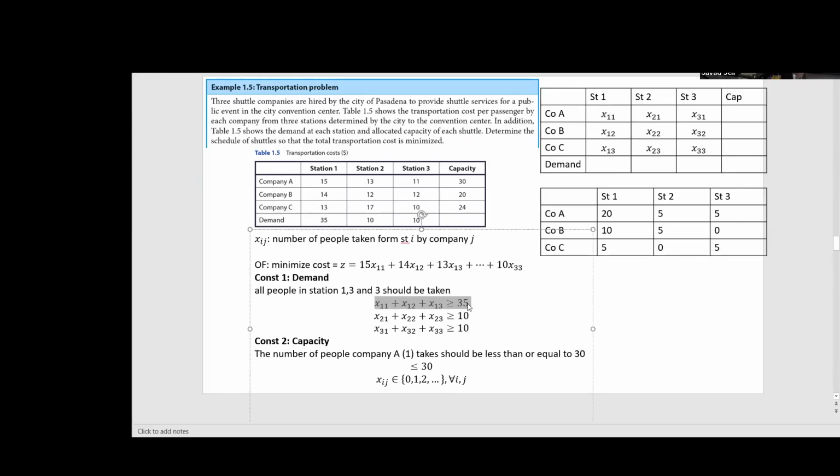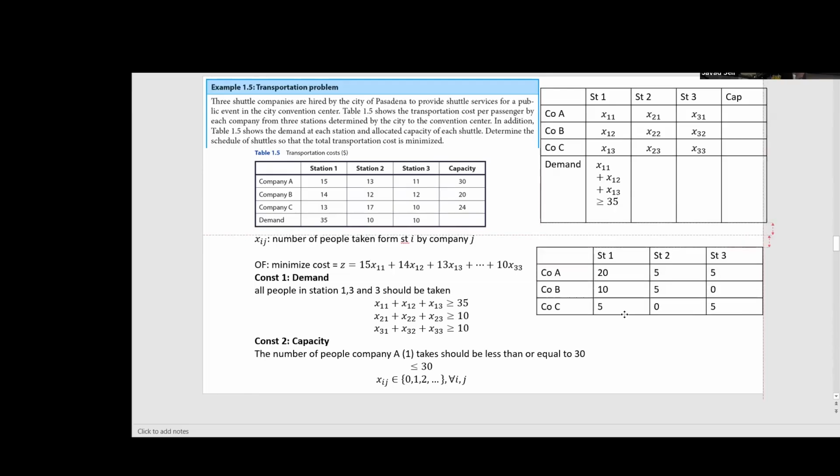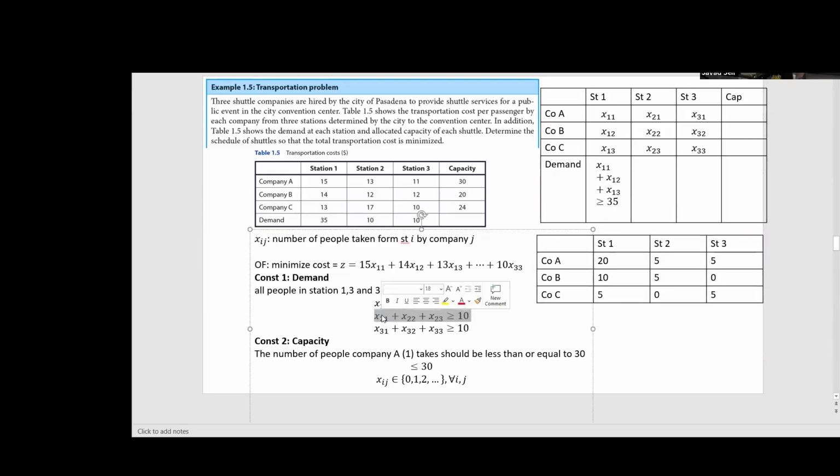Basically, this goes here. Some of these should be greater than demand. And then for capacity, you add up these three. The sum of those three should be less than or equal to the capacity.